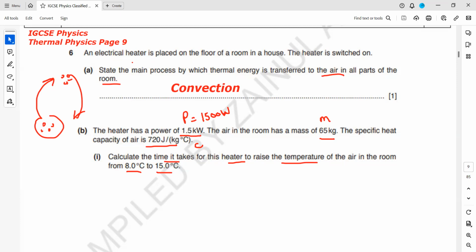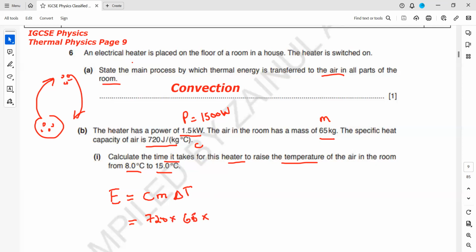So how to solve this question? First, we'll find how much energy is supplied, or how much energy is being absorbed by the air. So using a formula, E equals c m delta T, the specific heat formula. Specific heat of the air, that is given, 720. m is the mass of the air, which is 65.